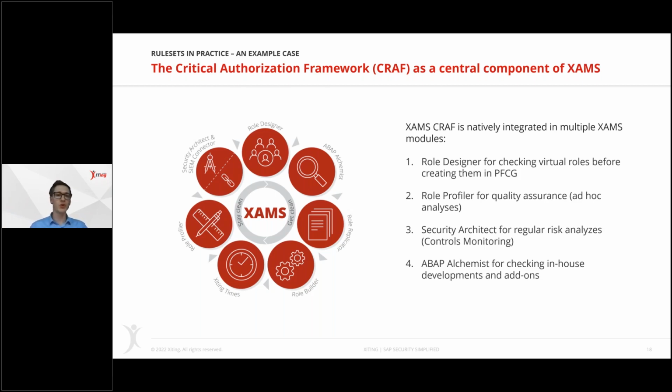They had also implemented a new module, which was very important from a GXP point of view because it was about plant maintenance. New roles were created and they wanted to check those roles. So they were using the XAMS tools to do the scan before the roles got effectively created in PFCG, then allocated to business roles, and finally assigned to users.